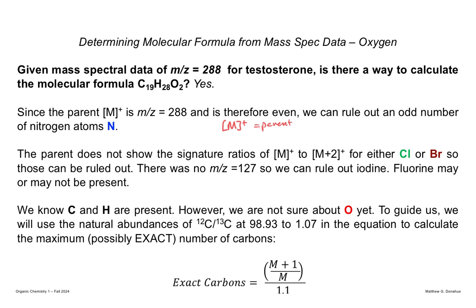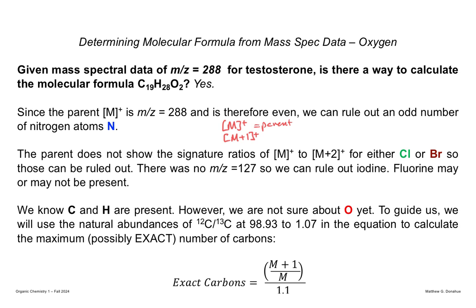The other elements that we can rule out are chlorine and bromine. So if we're using this nomenclature of the square bracket, M plus with the plus sign as the parent, things that occur at higher masses after that, we would say M plus 1.